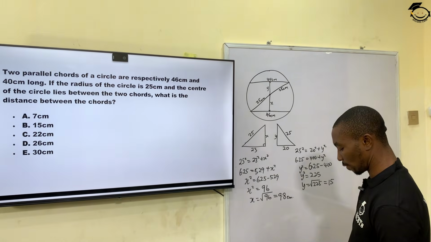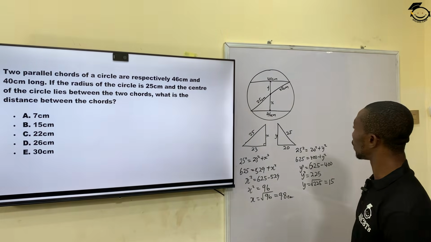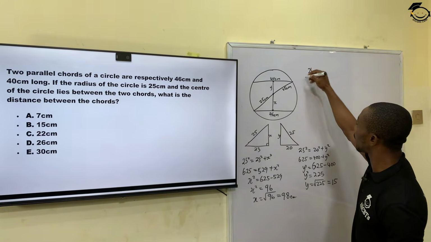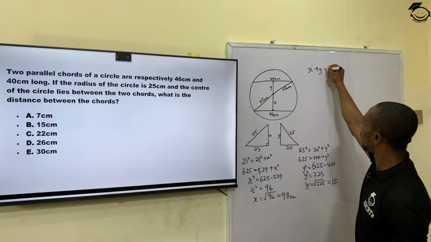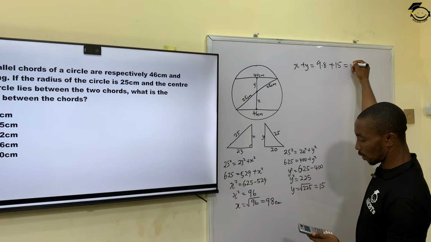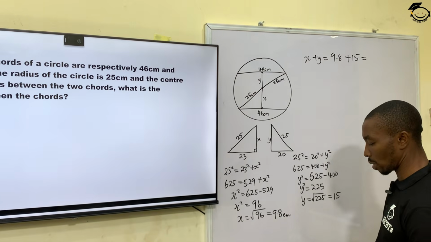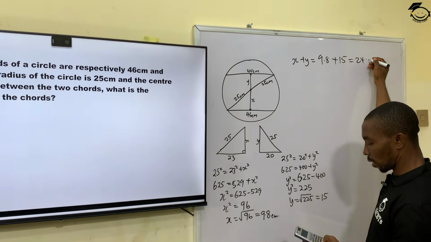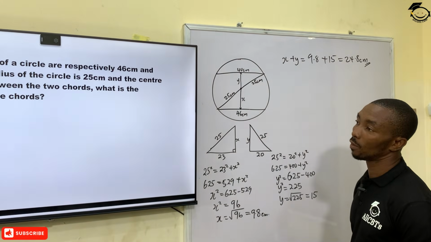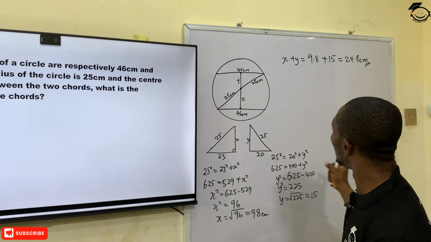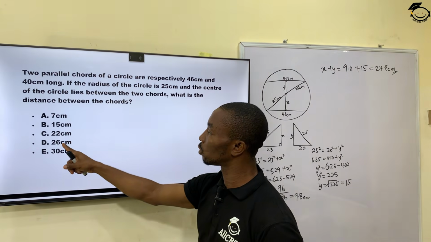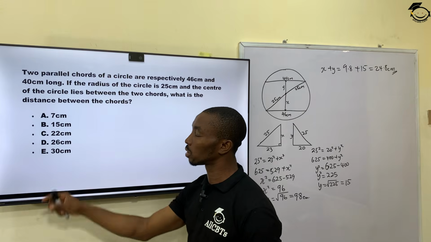So now the distance between chords will be x plus y. The value of x is 9.8 plus 15, which will give us 24.8 centimeters. So that's the distance between our two chords, and our answer isn't there. So the closest answer we can choose would be D, which is 26 centimeters.